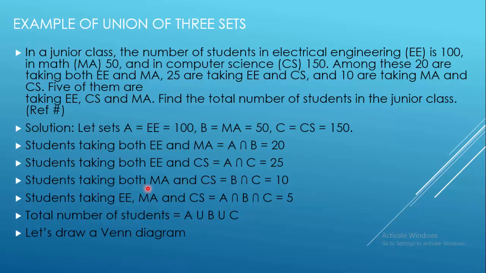Students taking both MA and CS is B intersection C, equal to 10. And students taking EE, MA, and CS is A intersection B intersection C, because it is common among all the 3 classes, which is 5 students. So the total number of students is A union B union C.